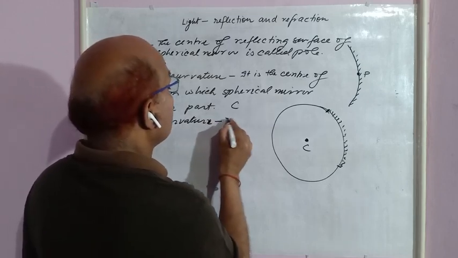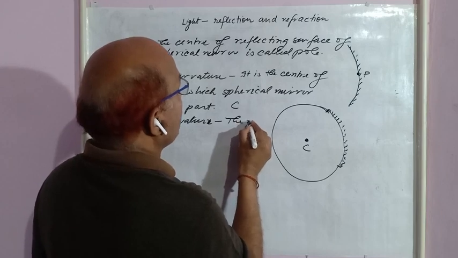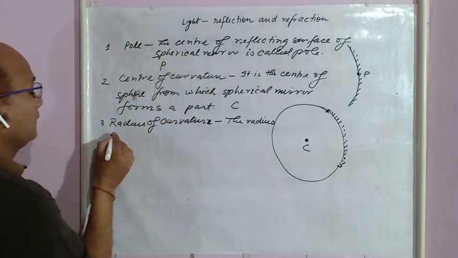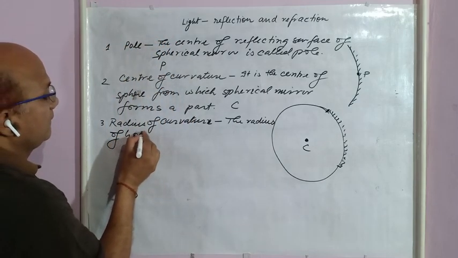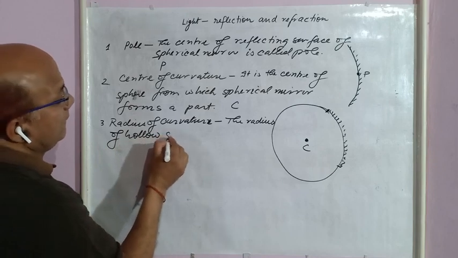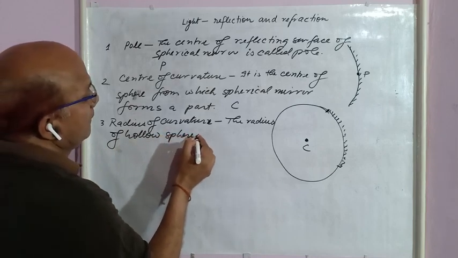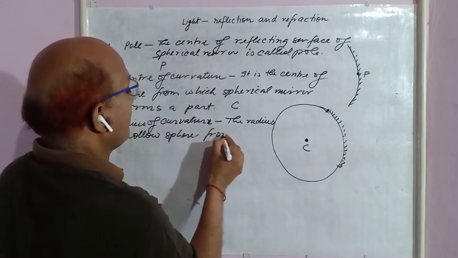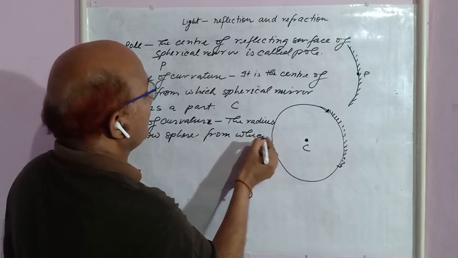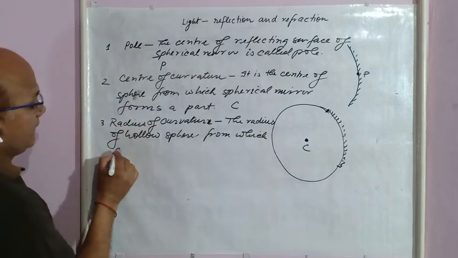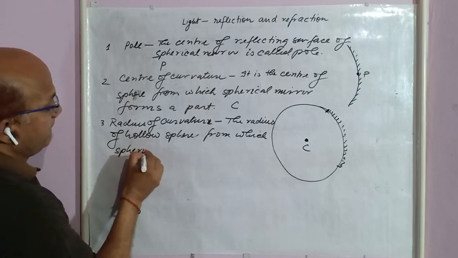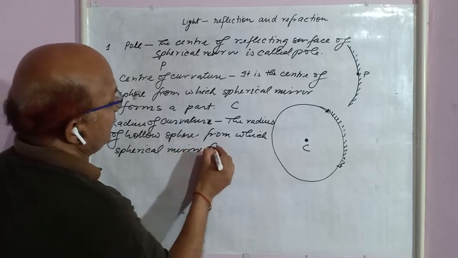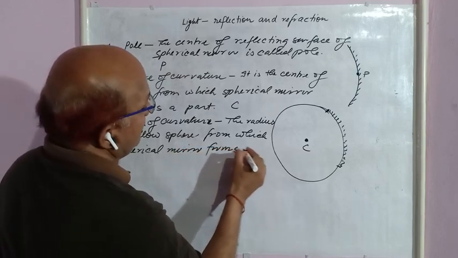It is the radius of the hollow sphere from which the spherical mirror forms a part.